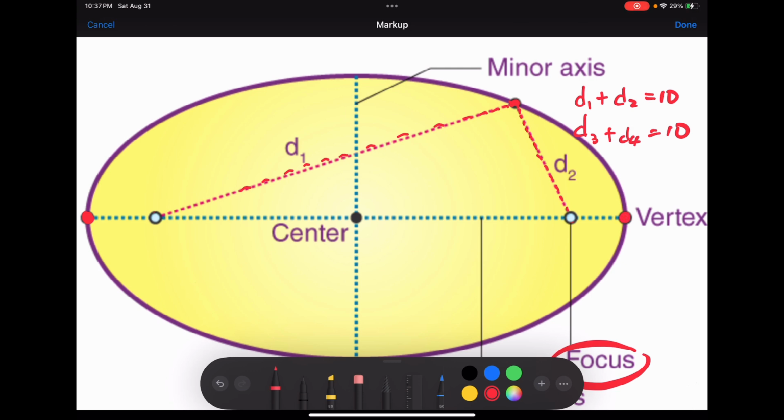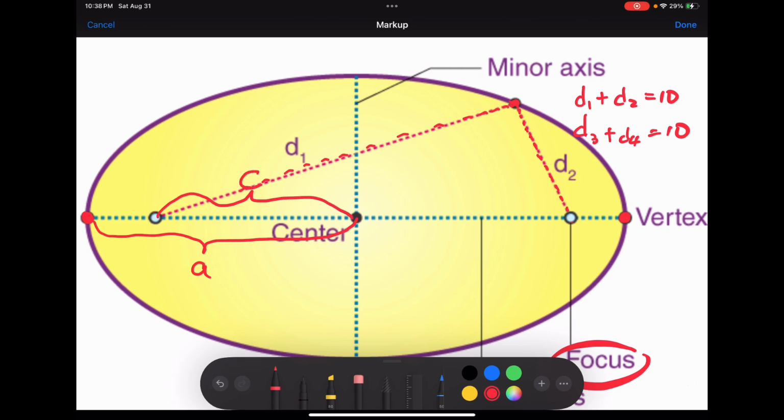The distance between the 2 vertices is 2a, so from here to here, the distance is 2a. That means the half from the center to one of my vertices is a. And the distance from the center to one of my foci, from here to here, is c.